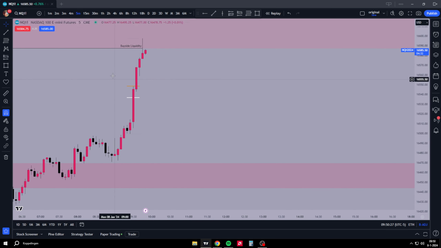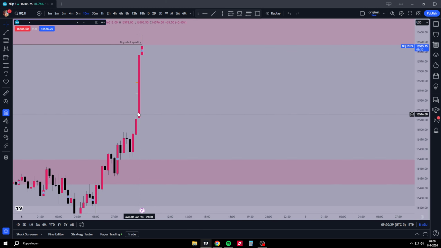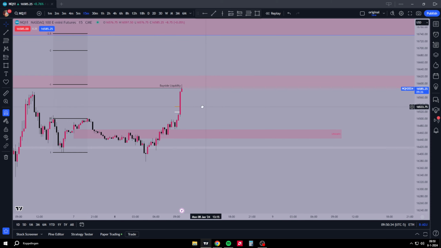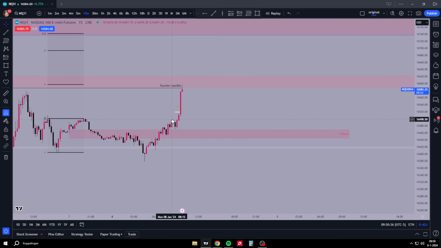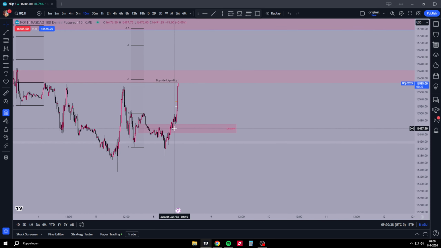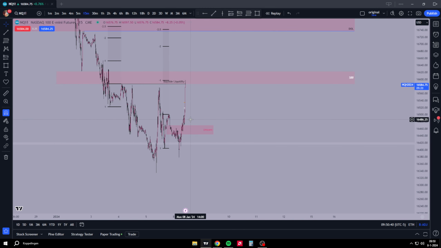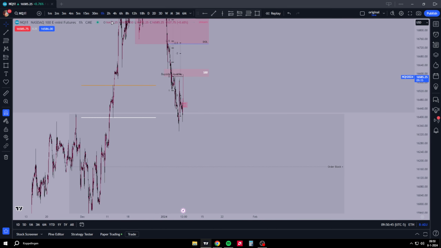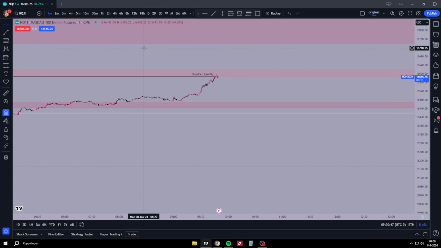I don't know. Equilibrium will be here on this big range. Until we go lower than this, we're already basically there. But yeah, there's nothing else to do right now actually.